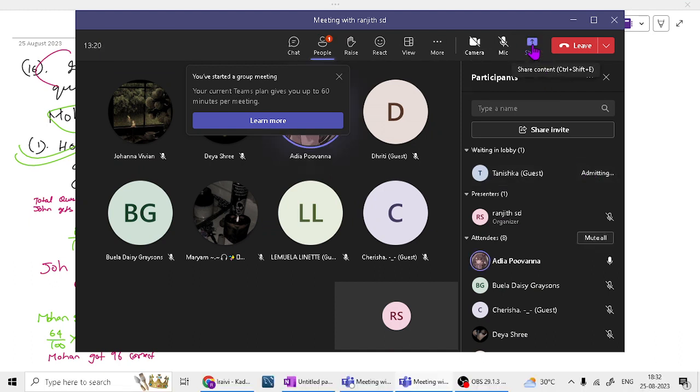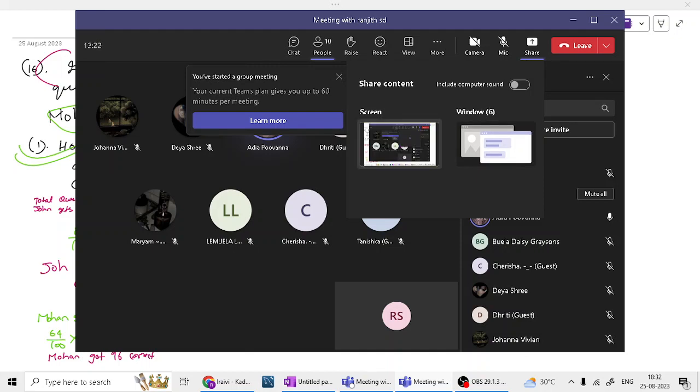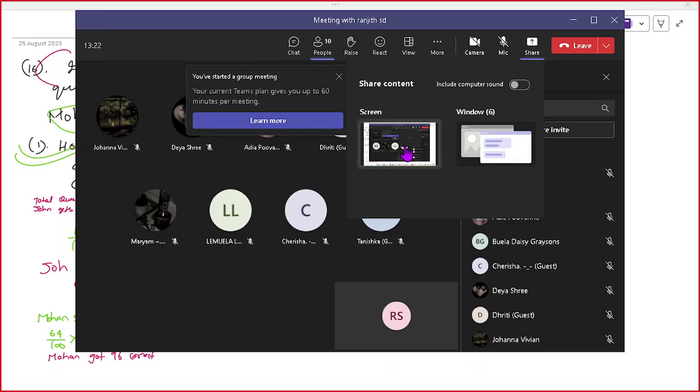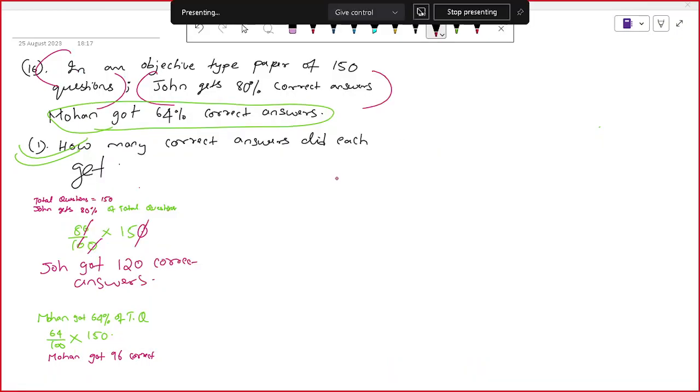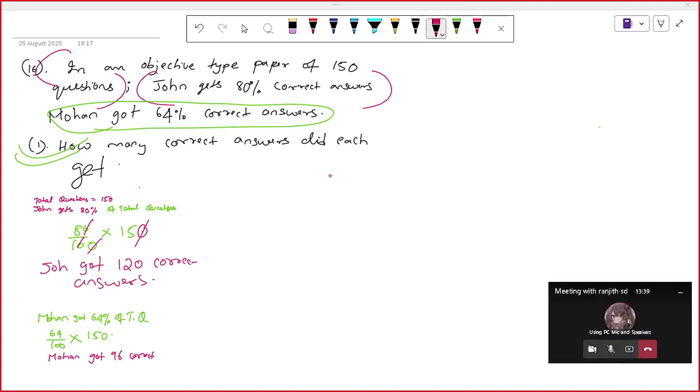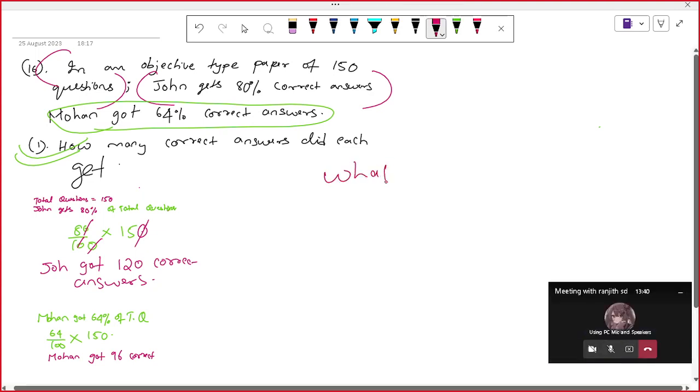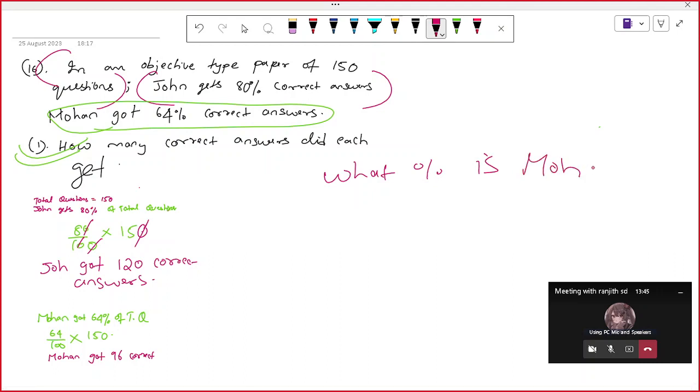Sir, is it anything to do with subtraction? No, not subtraction. From the question, you have to understand this, Adya. Let me write: what percent is Mohan's correct answer, I'll write correct answer as CA, Mohan's correct answer to John's correct answer.